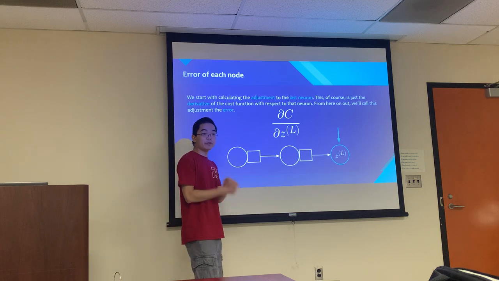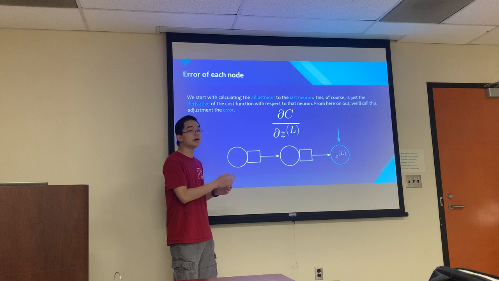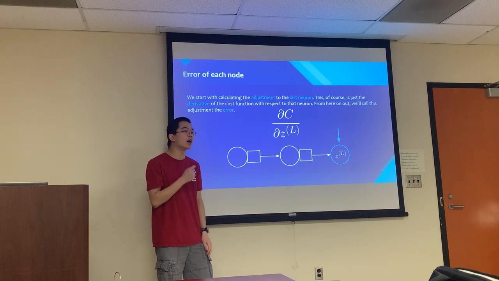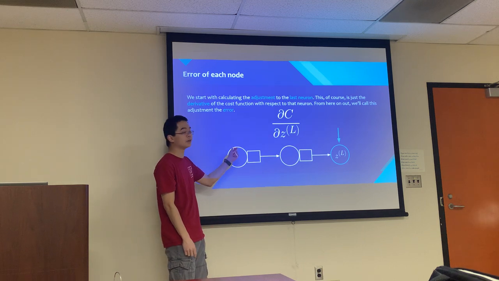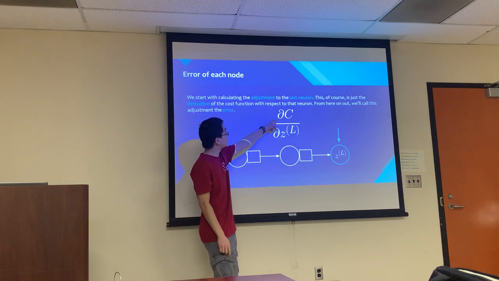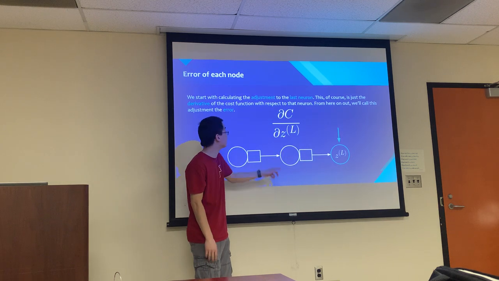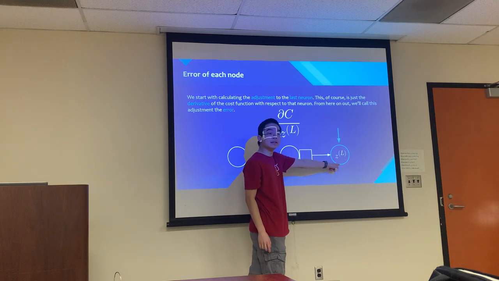So before, when we were doing gradient descent, what we needed was a gradient: basically, how the loss function would change when we changed our weights. We're going to look for something similar again. Here I've written the partial derivative of the cost function, or if you'd like, the loss function, with respect to the affine output of this neuron.